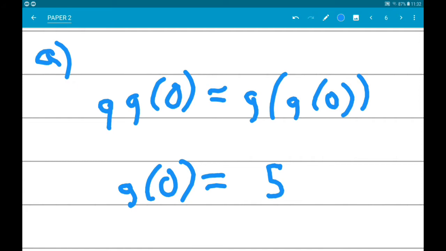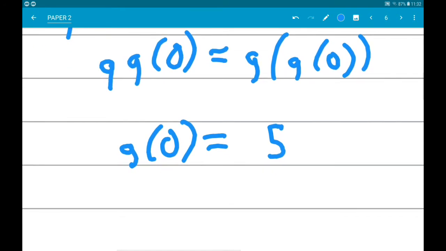Okay, so now we are putting x equals 5 into g of x. So now g is 4x minus 7. So that's 20 minus 7, which is 13.